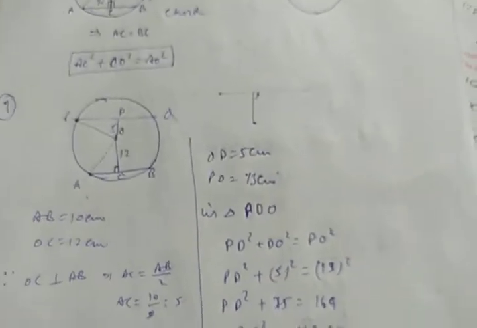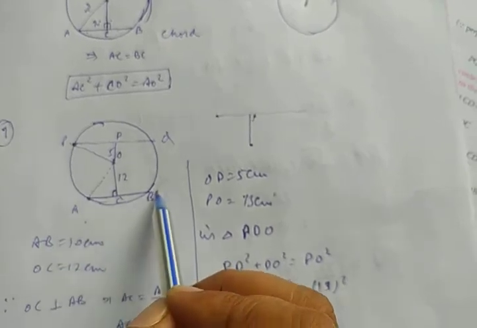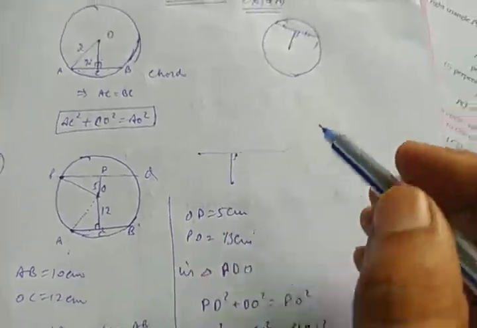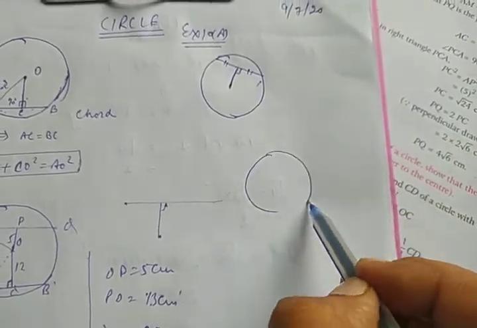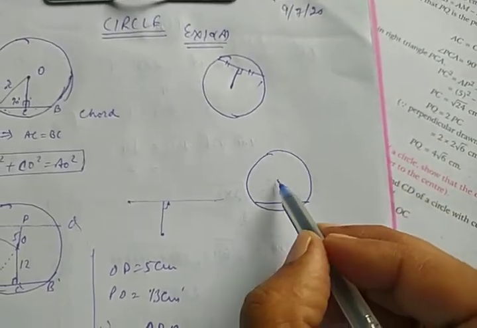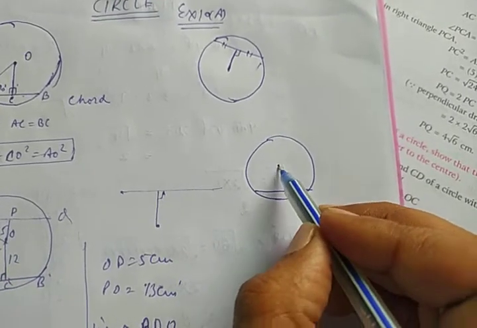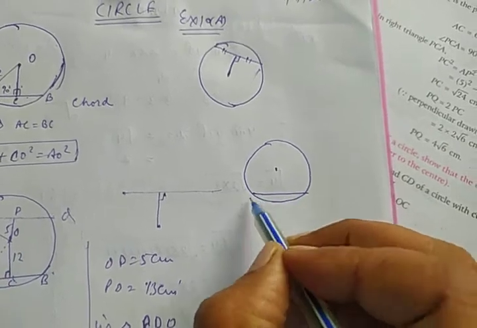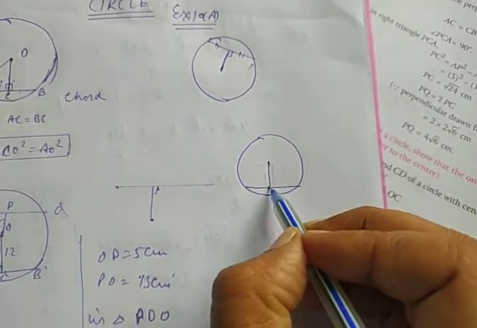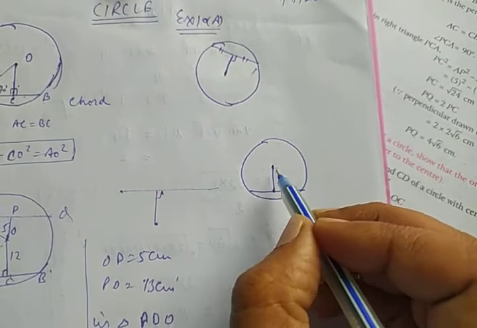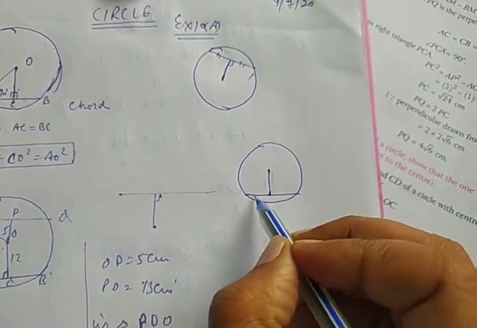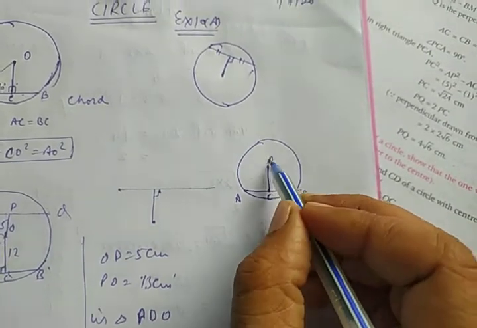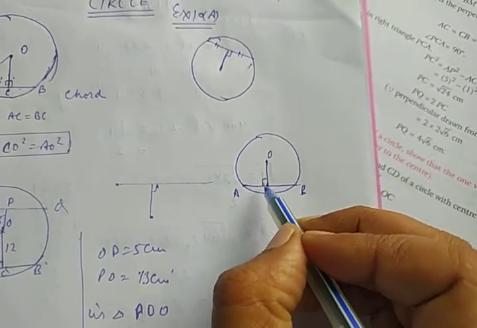Whatever the concept you have to apply, simply there would be a chord, there would be a perpendicular distance, or the question may also say one thing you should understand. If a chord has been given, this is the center of the circle. If it is said that the line segment joins the midpoint of the chord, means the line joining the midpoint C of the chord AB to the center O, then it would be perpendicular.